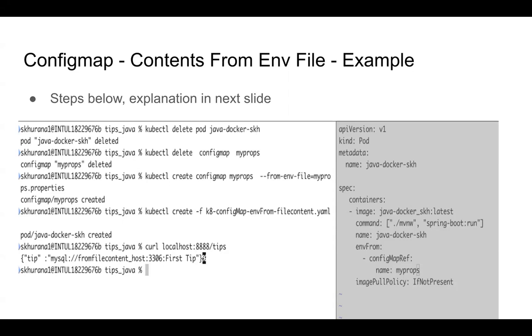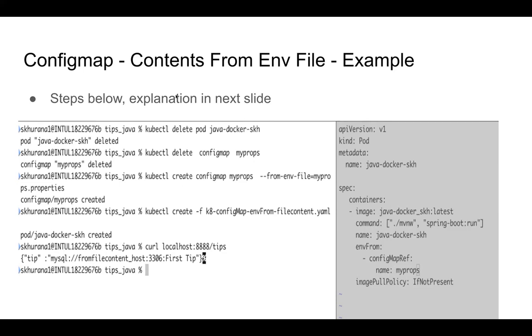Hello everyone. Today we'll discuss other ways to send the configuration to the application deployed using Kubernetes. The first example we'll cover is getting the contents from a file. At a very high level, this means we'll have a file which will have the configurations or properties.